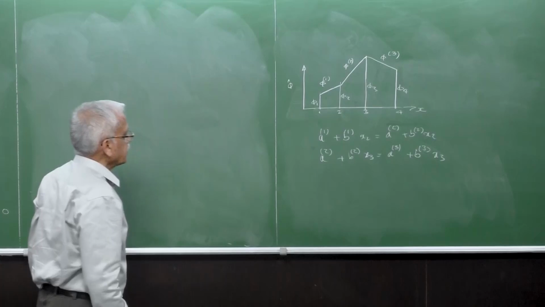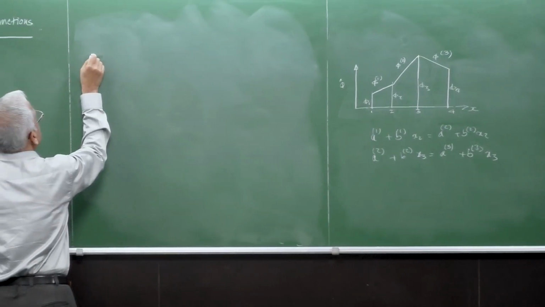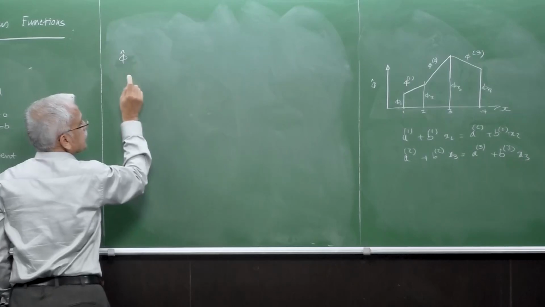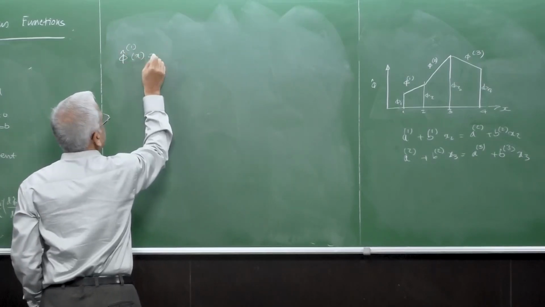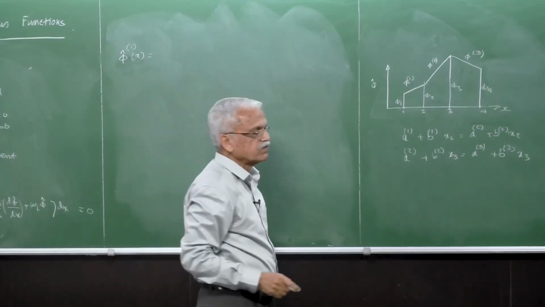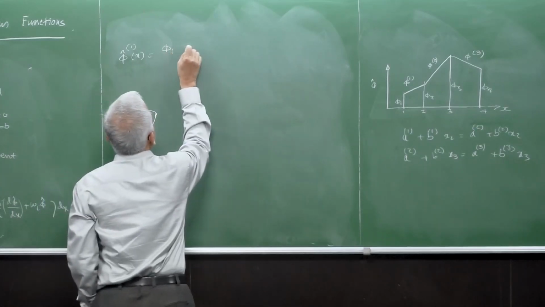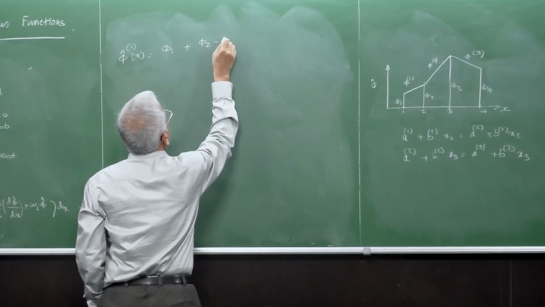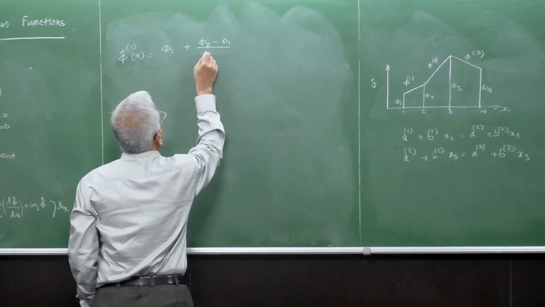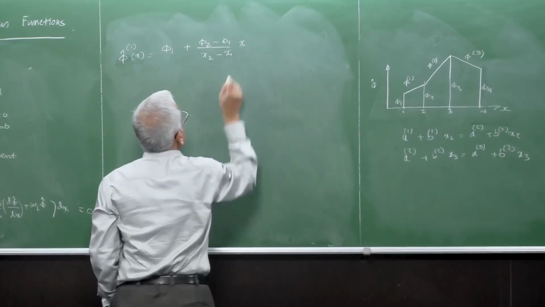So we would like to rewrite this phi hat, say phi hat 1, directly in terms of phi 1, phi 2, such as phi 1 plus phi 2 minus phi 1 divided by x2 minus x1 times x.